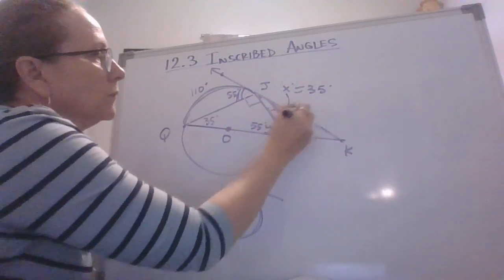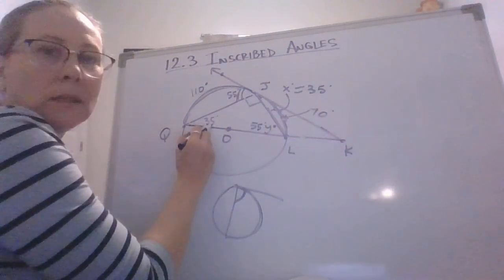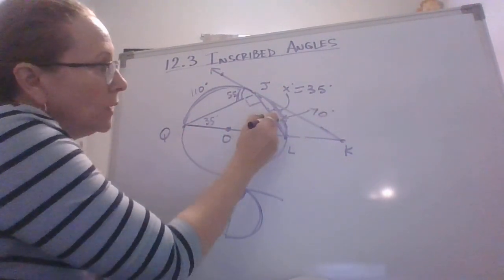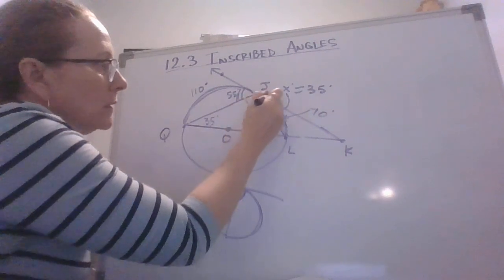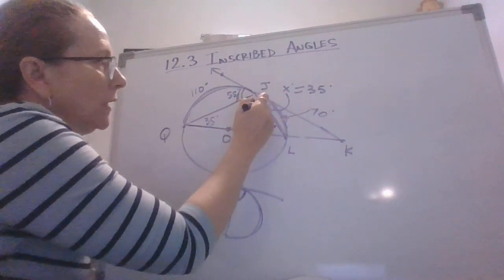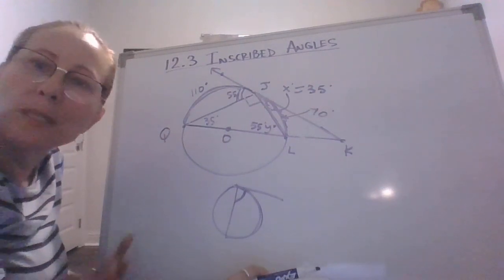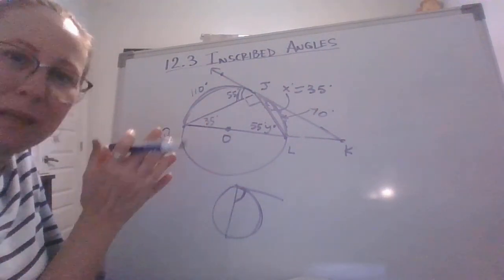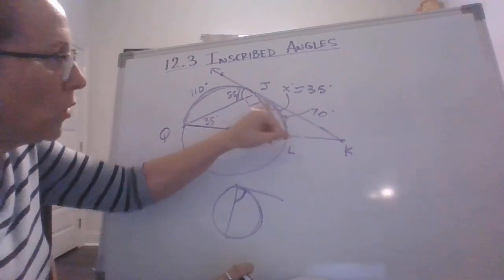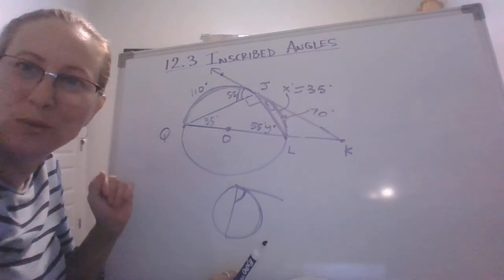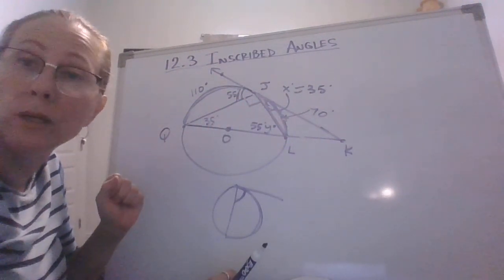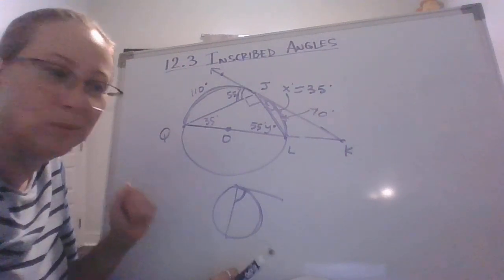This arc is 70 degrees. Double this, 70 degrees. This angle, x, that we're working on, it is half of that arc as well. Sometimes it's hard to see that because it's so skinny in there that it's harder to tell what's going on. Okay, so I gave you two alternate ways to find that angle.